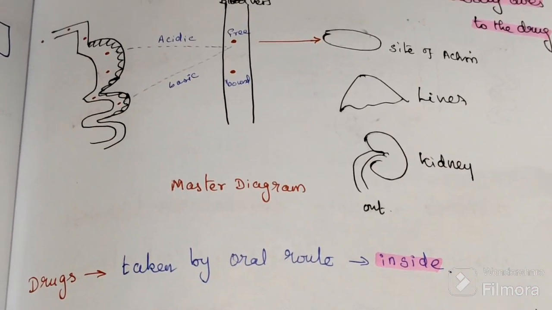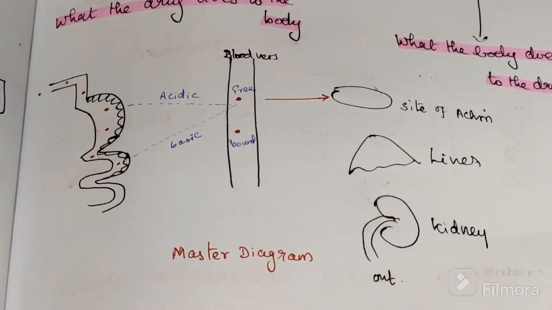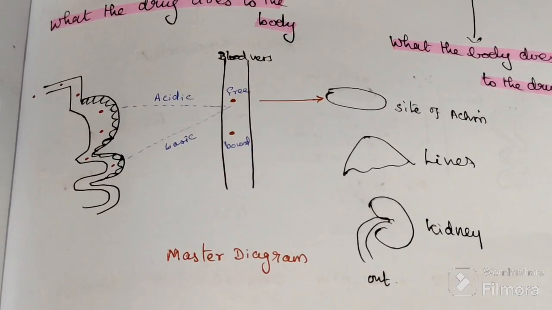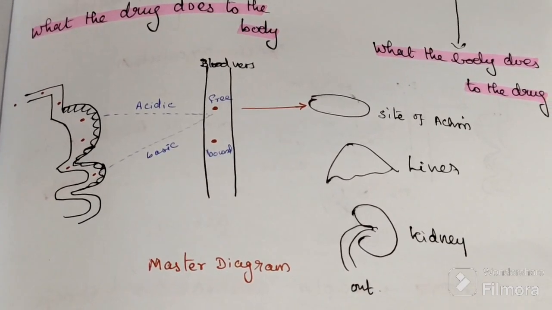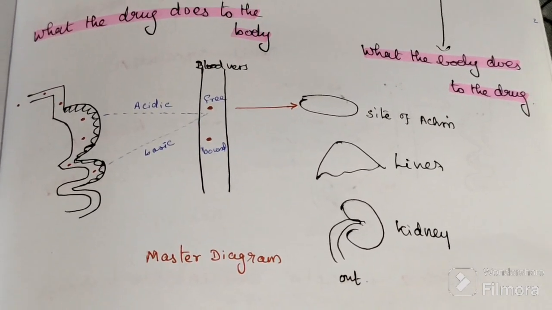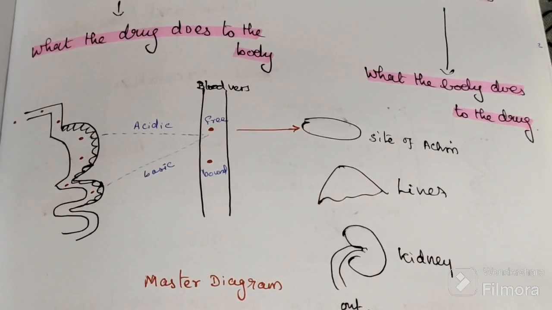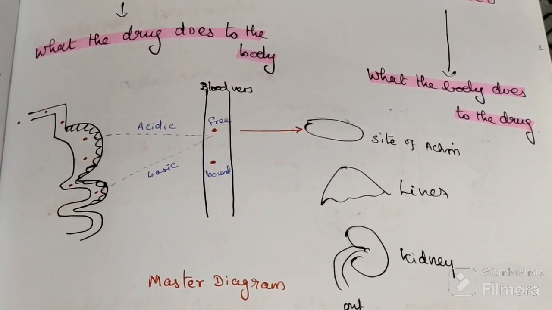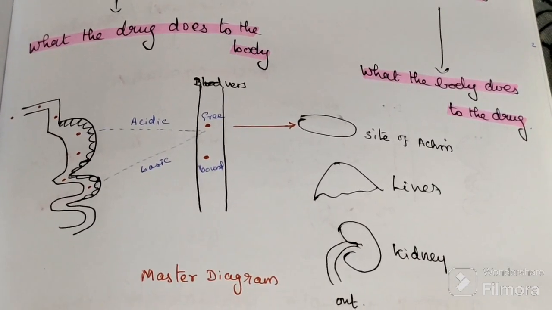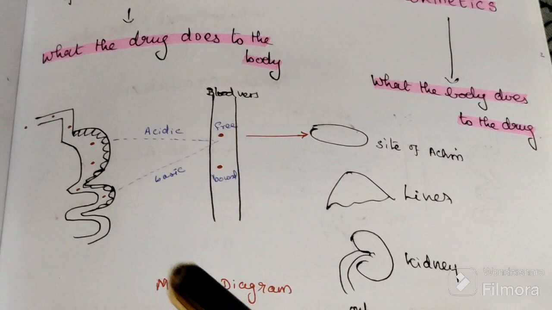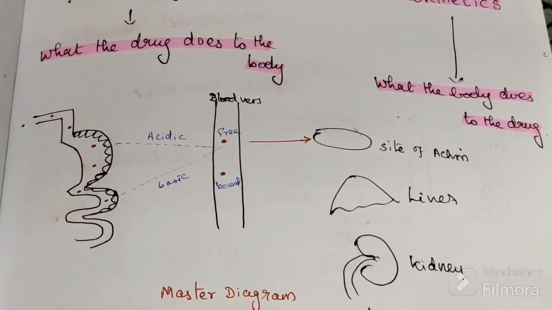From that site of administration, it ultimately reaches the circulation. This portion, from the site of administration till circulation, is known as absorption.